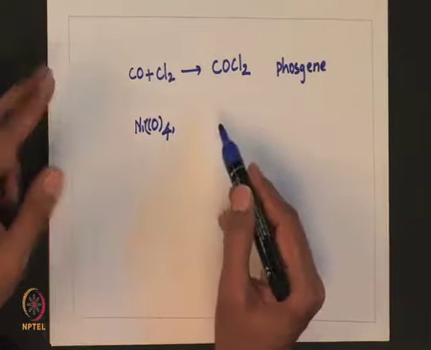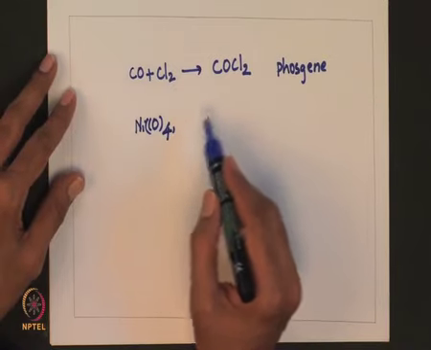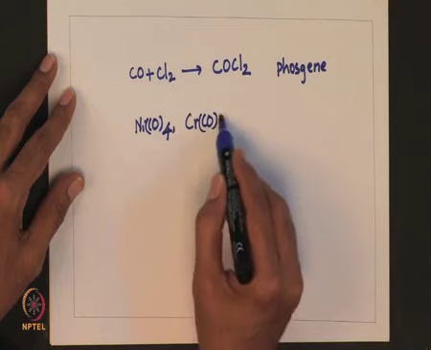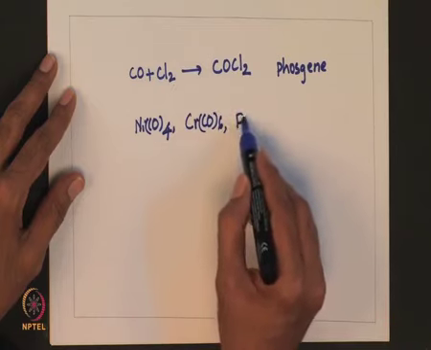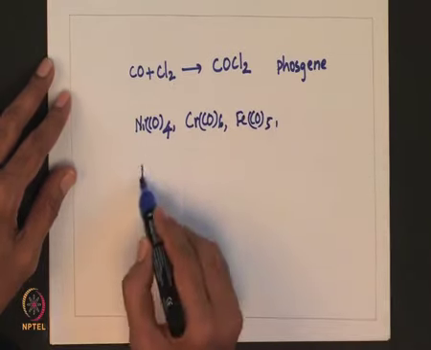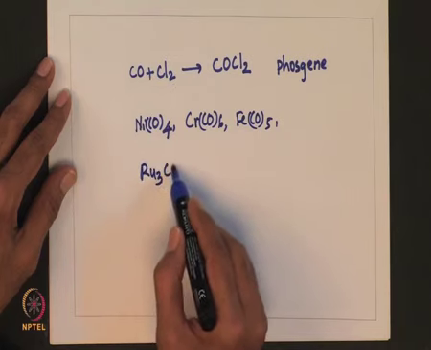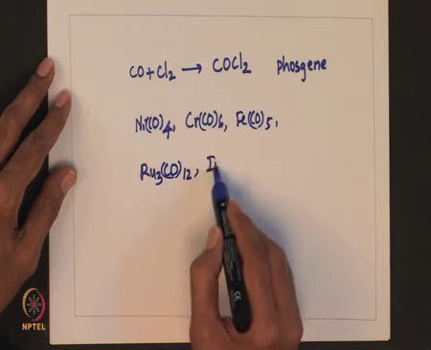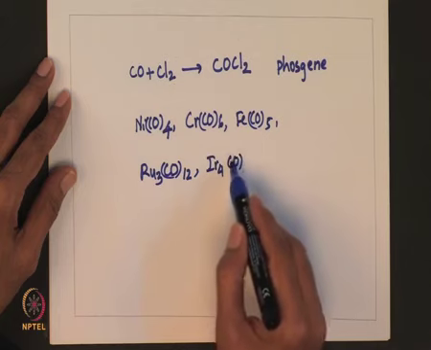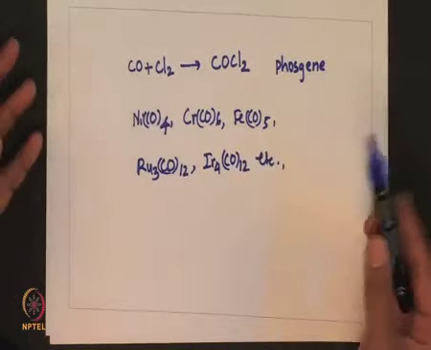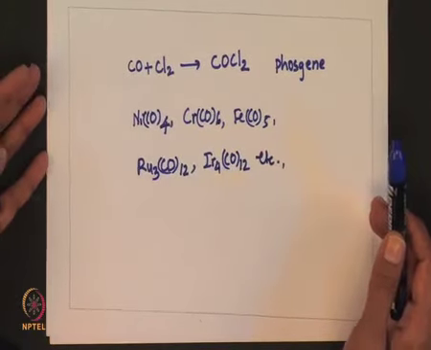We have group 6 element carbonyls such as chromium, molybdenum, tungsten hexacarbonyls, iron pentacarbonyl, and also we have carbonyl clusters such as Ru3(CO)12 or Ir4(CO)12, etc. Of course, there is an extensive chemistry behind metal carbonyls.